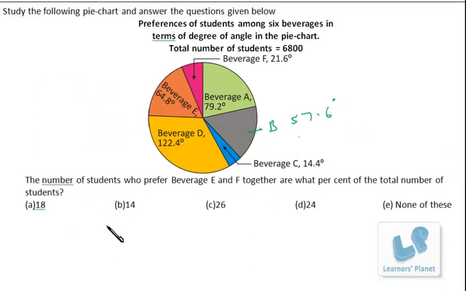Now the number of students who prefer E and F together are what percent of the total number of students? So E and F, that is 64.8 plus 21.6.